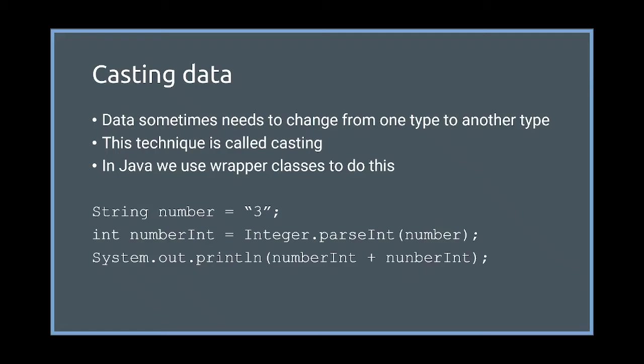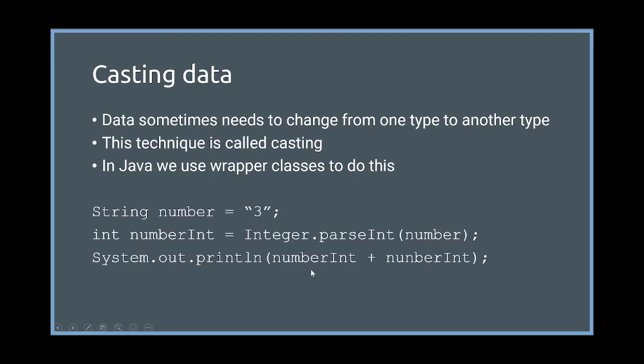So let's have a look at this example here. We've got String number equals "3" in speech marks. Then we've got int numberInt equals Integer.parseInt(number). So what we're doing here is taking this string that says 3 and changing it from a string into an integer and storing it into this variable here.